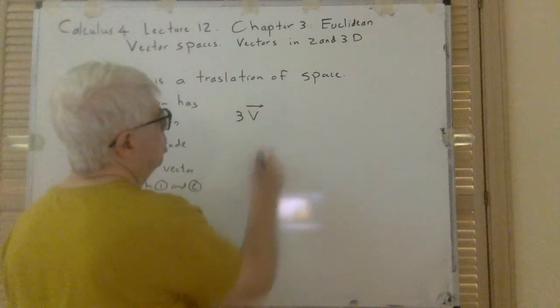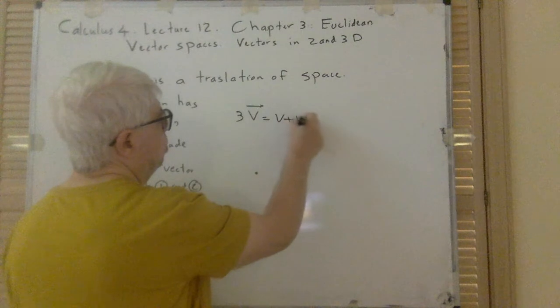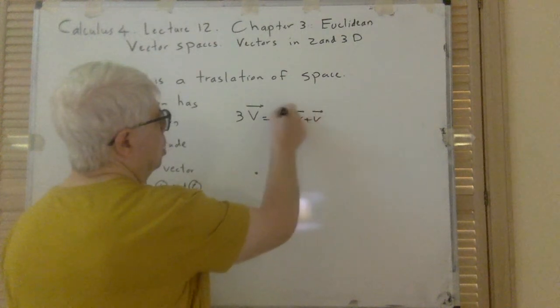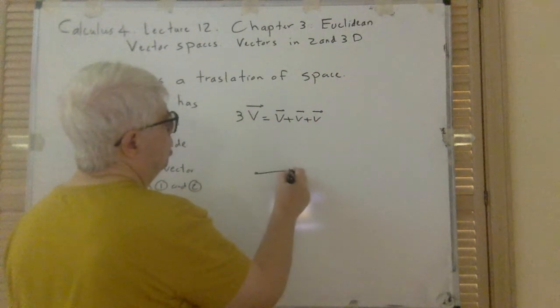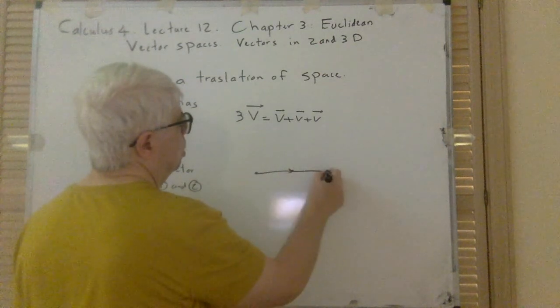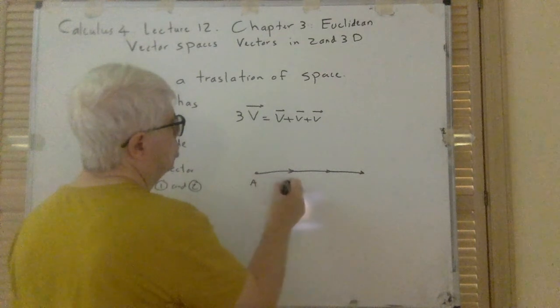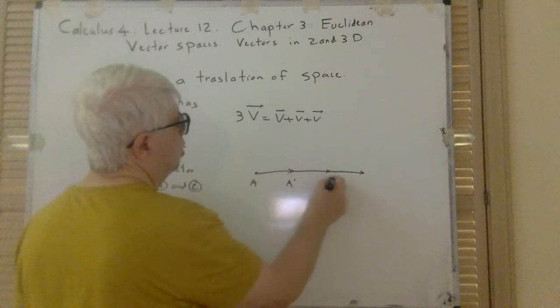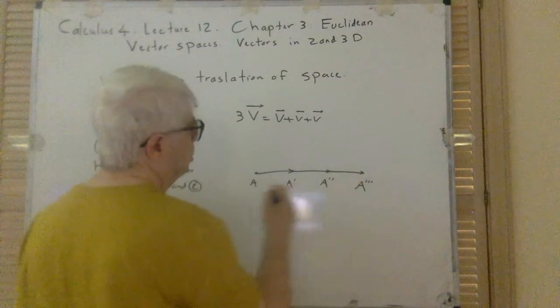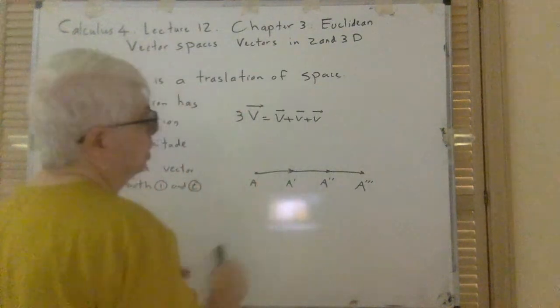Means you are going, this is in fact V plus V plus V, right? So it is like 1V, then goes here, from here to here, another one, and from here to here, another one. So A goes to A prime, A double prime, and A 1, 2, 3. And that's 3V.